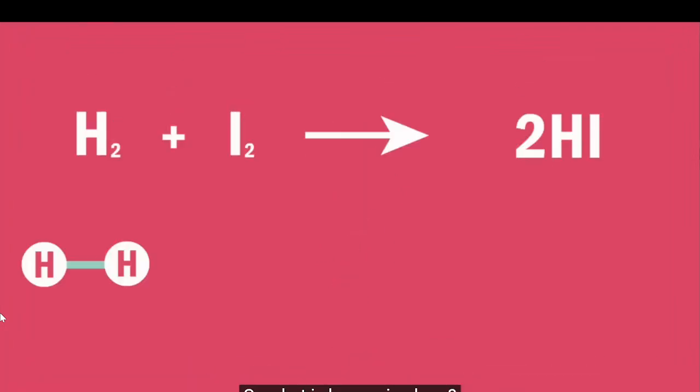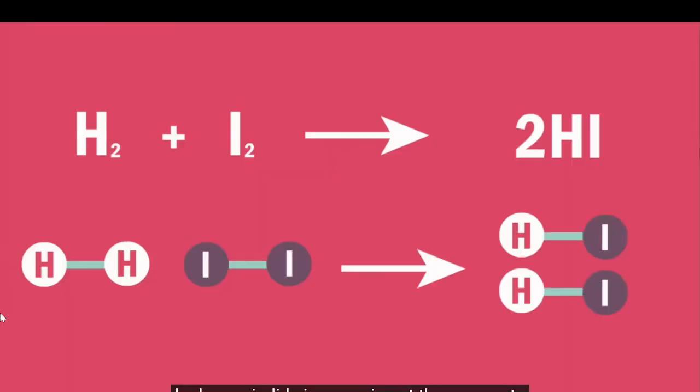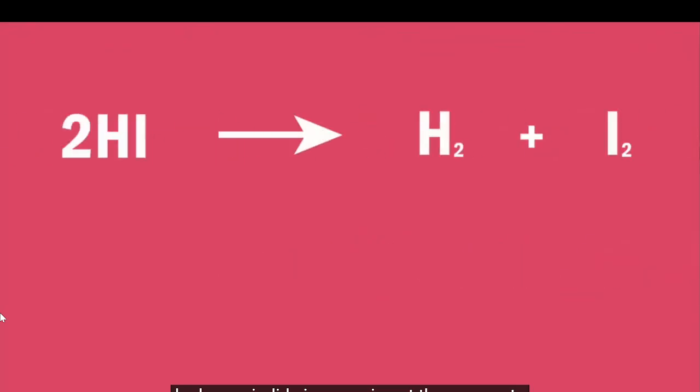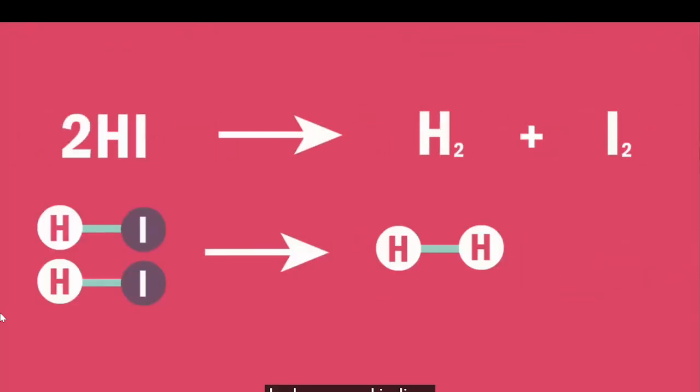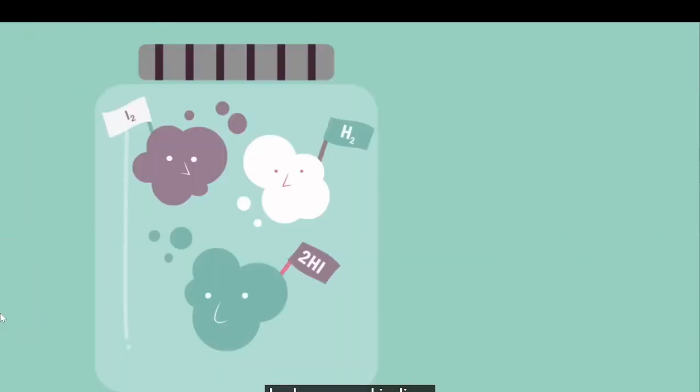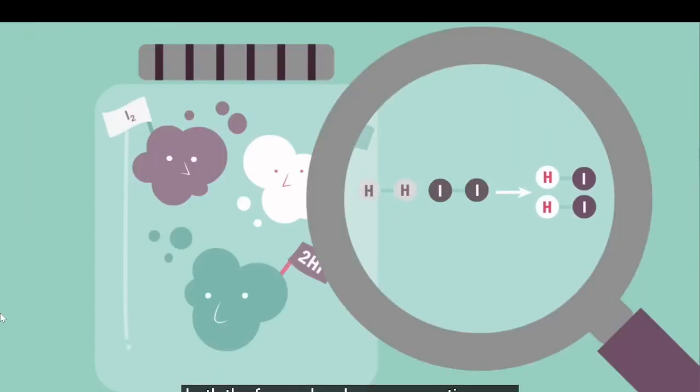So what is happening here? The reaction of hydrogen and iodine to produce hydrogen iodide is occurring at the same rate as the decomposition of hydrogen iodide to hydrogen and iodine. So there are no observable changes, although both the forward and reverse reactions are occurring.